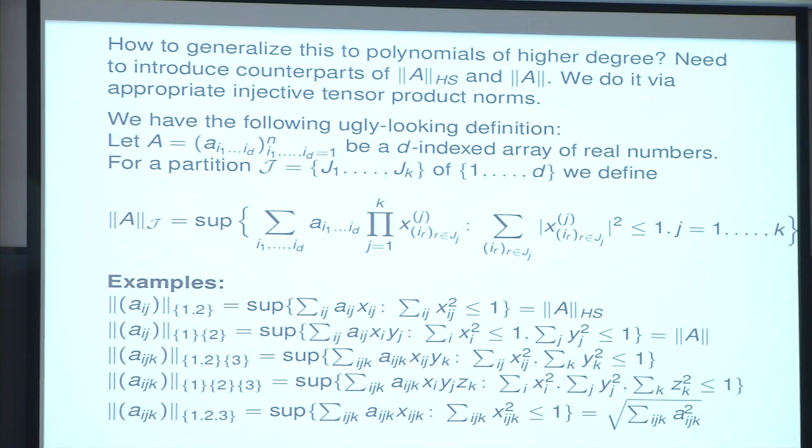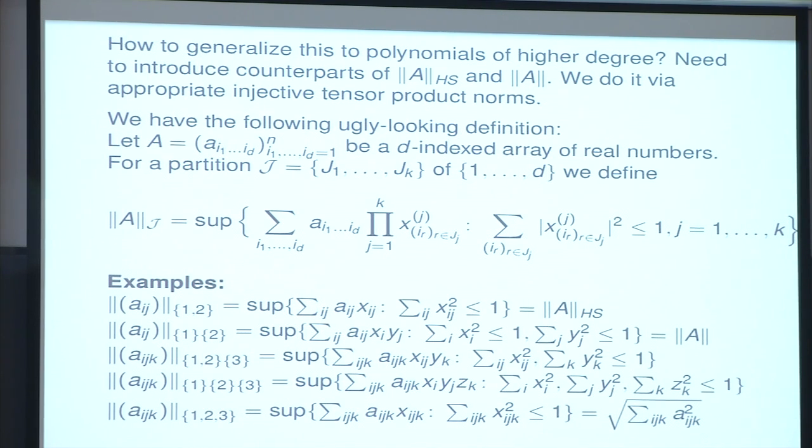So you can recognize here the operator norm of A, right, which appeared. So these 2 guys appeared in the Hanson-Wright inequality. And let me just show you those 3 examples, right? So for 3 indices, I put them here also. So here we have a partition into 2 sets. 1 and 2 go together. So 2 sets, so we have 2 test vectors.